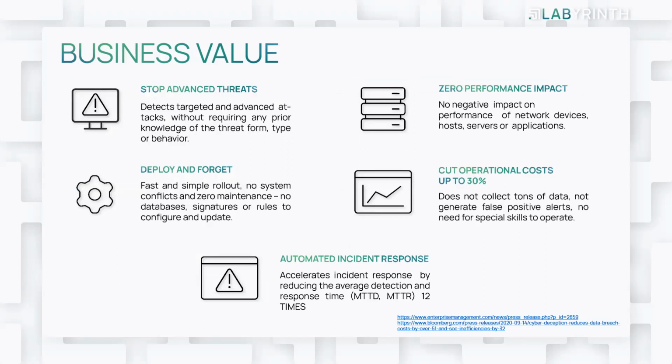The main business values that we see customers are attracted by are that they have advanced threat protection. They can deploy this very simply and at low cost. This imitation infrastructure is not based in any segment of the production network, so there is no impact on the production servers.